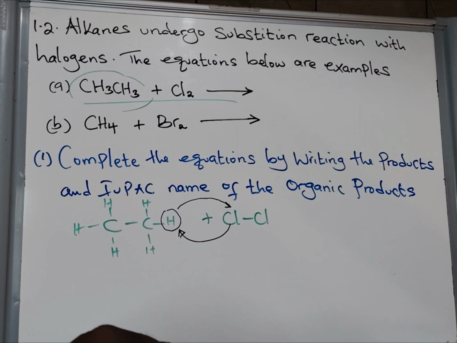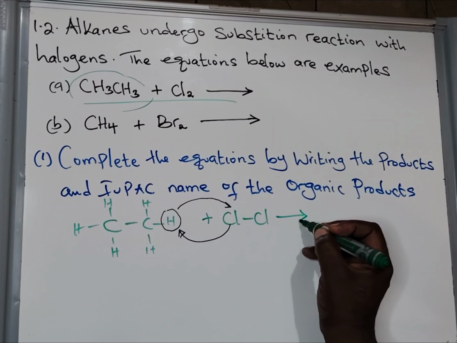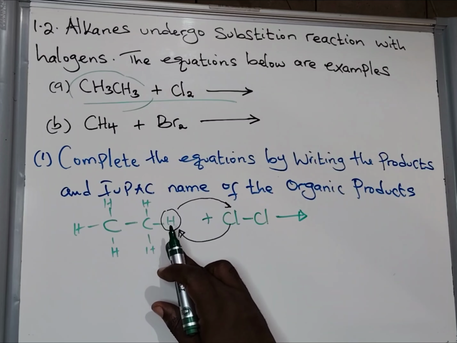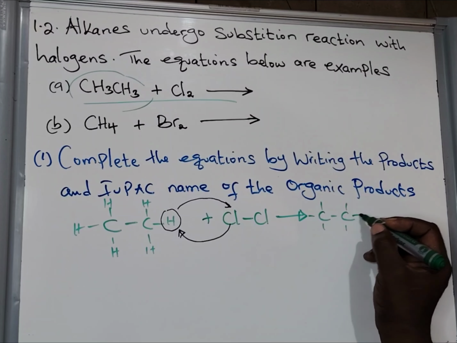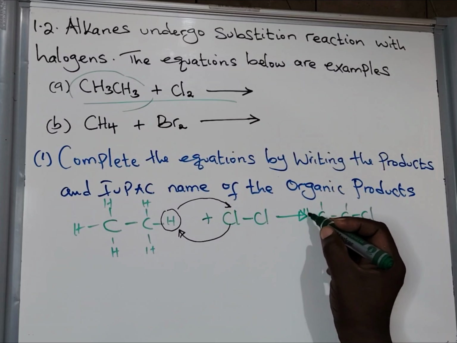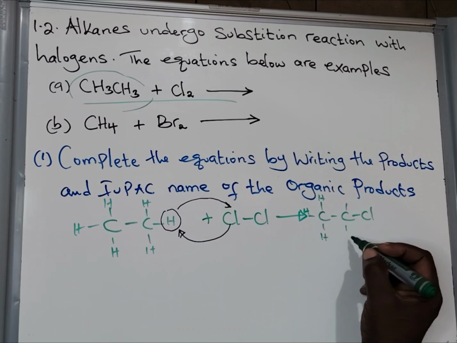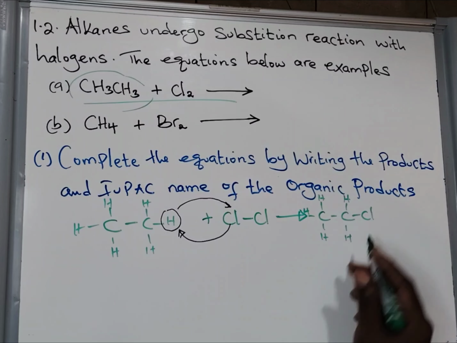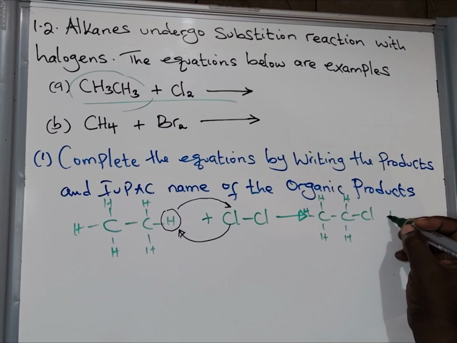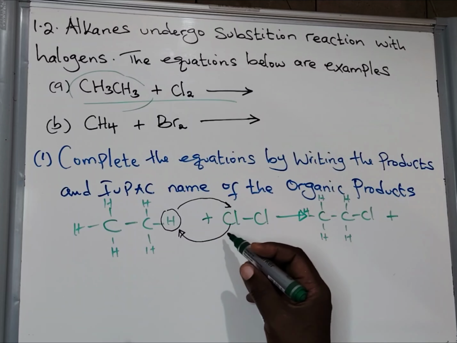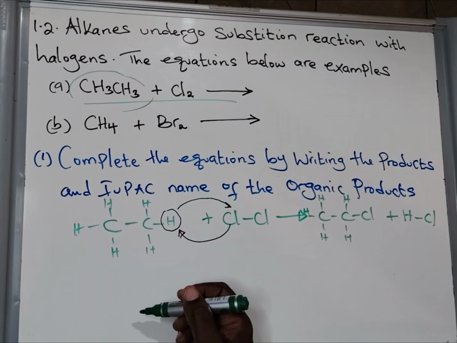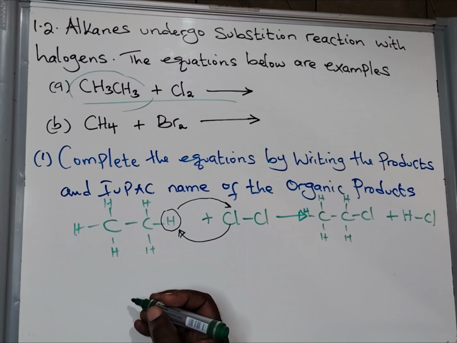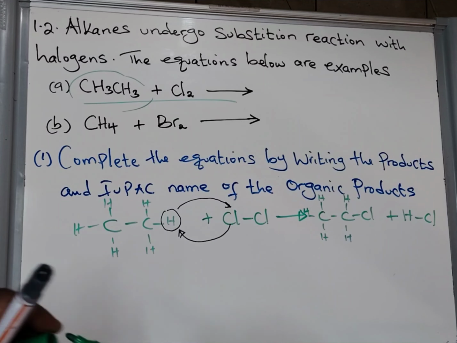And when that happens, what you get is that molecule here with chlorine. Don't forget that this is hydrogen, hydrogen, hydrogen, hydrogen, hydrogen. And another inorganic product. Remember, hydrogen came here, so it's going to be HCl.